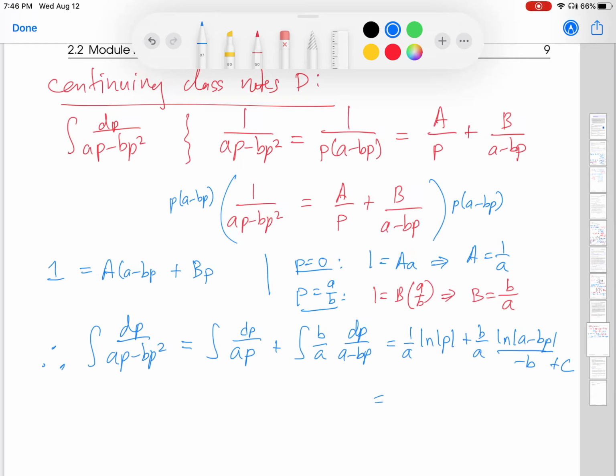And then now we keep simplifying here. So we have this b, negative b, they cancel because b is not 0. So we have 1 over a ln of absolute value of P minus 1 over a ln of (a − bP). Great.